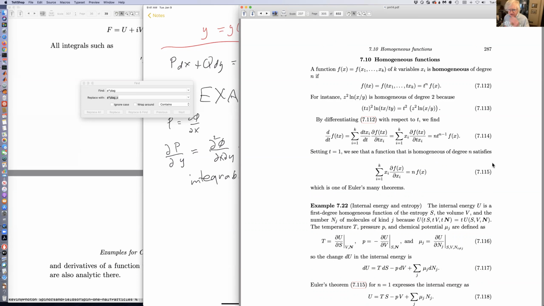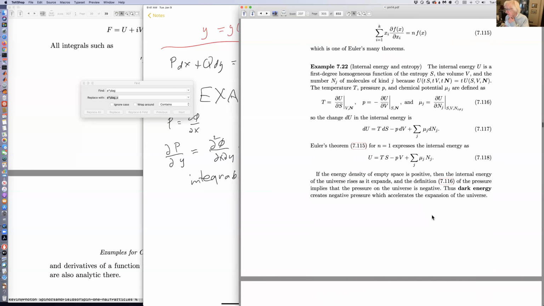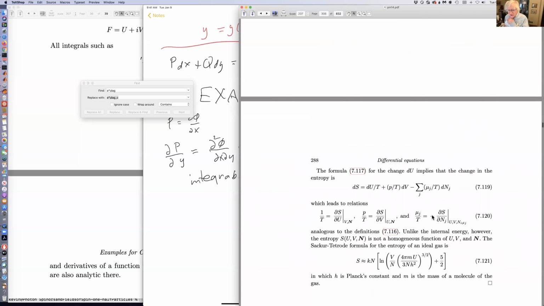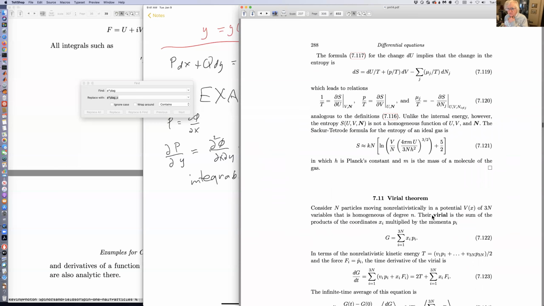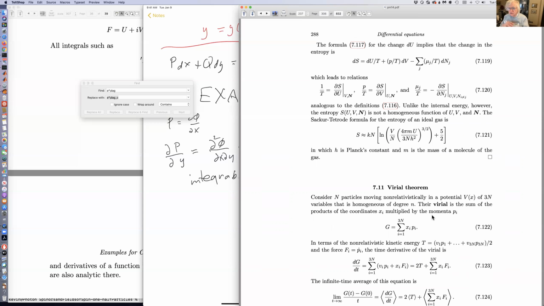Right, okay, so I think the chat person was just raising a valid point. And an example of that is the entropy, which is not a homogeneous function of these variables.